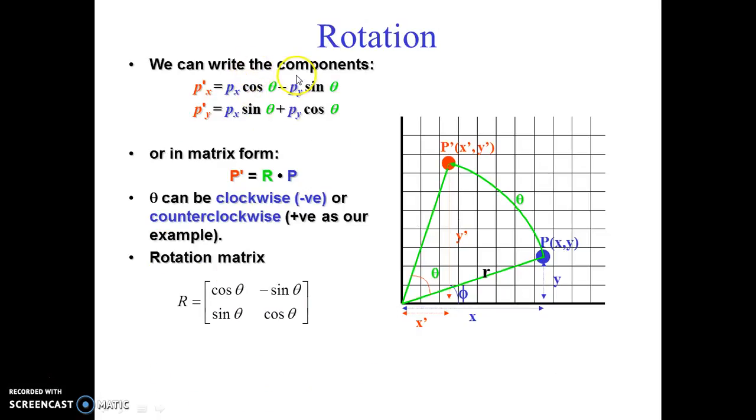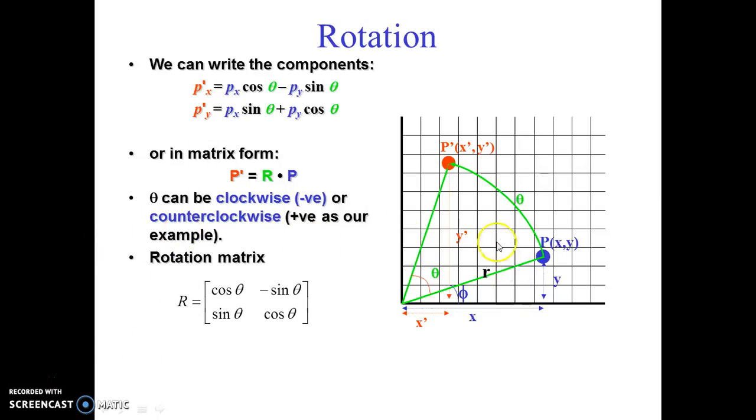Now we can write the components as, since we want this new position P dash, P dash x can be calculated as the original x coordinate Px cos theta minus Py sin theta. Similarly, P dash y equals Px sin theta plus Py cos theta. In the matrix form, we can write it as R dot P.